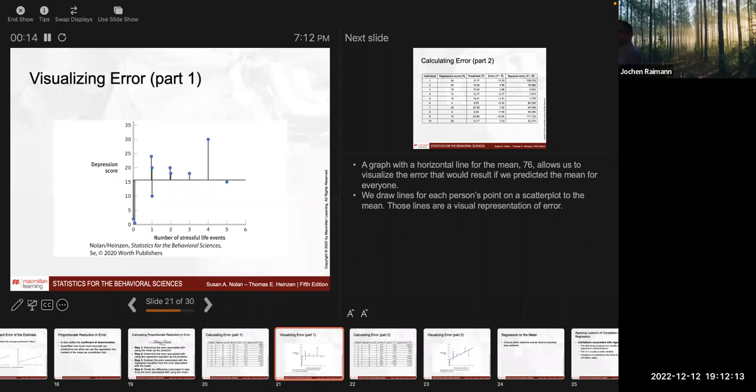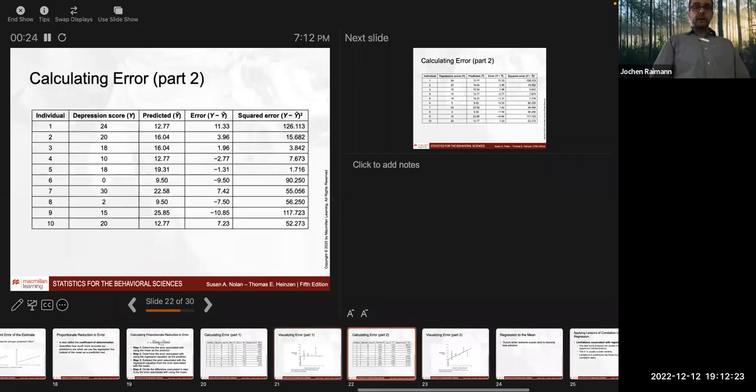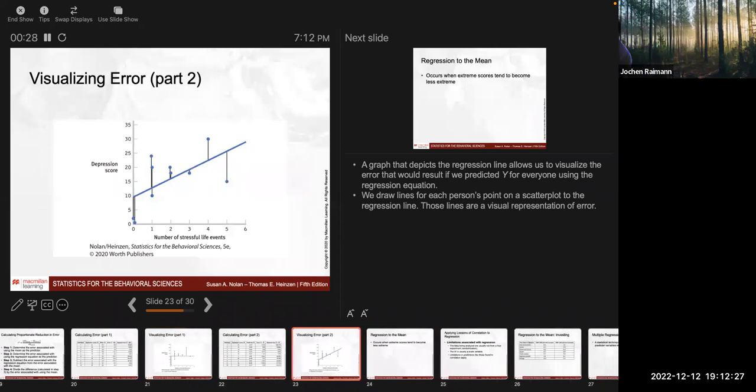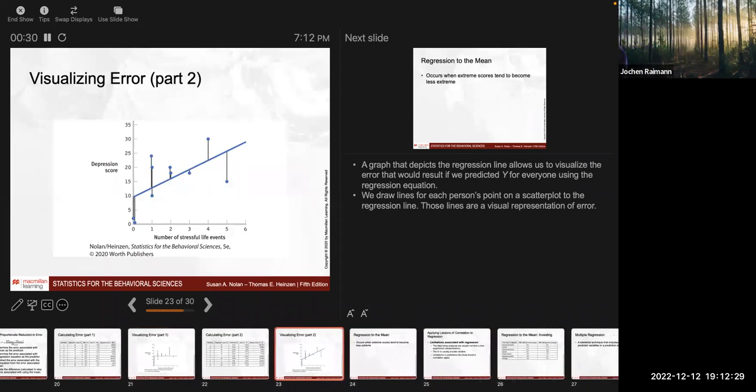So this is the total error. And that's a nice way to depict that, that Nolan and Heinzen showed here. So this is our total error, that's the sum of squares total. And this is our sum of squares residual. So that's the leftover error by this regression function. And each individual difference is one residual.